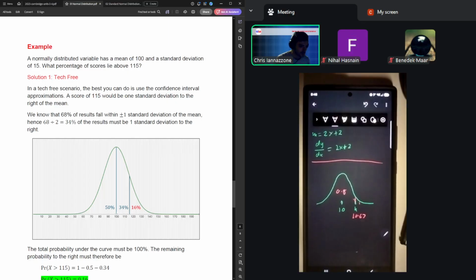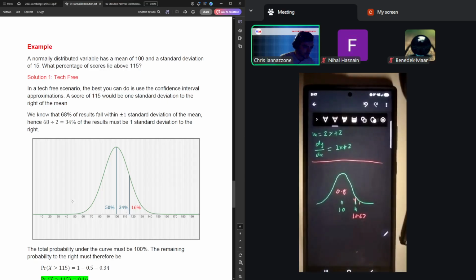From there, because we know that 50% of the total area is going to be left and right of the mean, we already know that 50% of our total area is accounted for just by saying left of the mean. We know that 68% is within either side of the mean, plus minus one standard deviation, which means half of that, 34%, is going to be just on the right hand side.